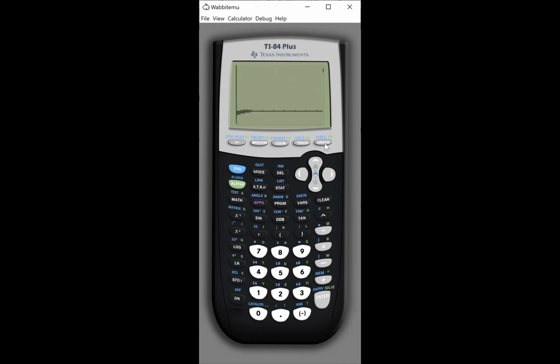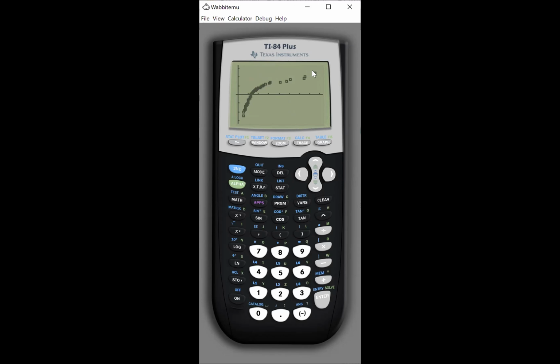If you look at the graph, it doesn't look very good because I'm looking in the wrong direction. So we have to press zoom, press 9. All right, and you get this drawing over here.